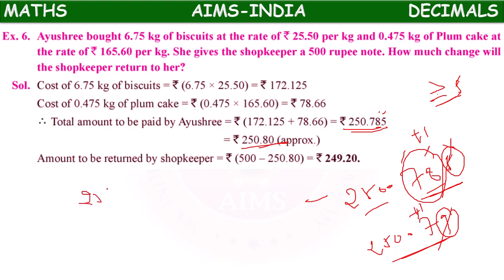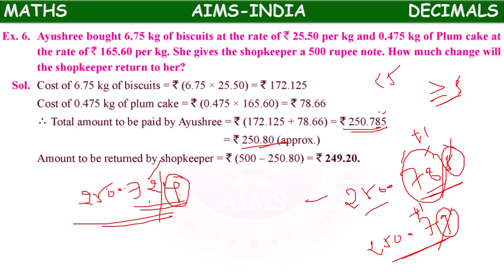Or when we have 250.724 like this. This last digit, because we are having 3 decimal places here, if you want to reduce to 2 decimal places, what is the third digit here? 4. Greater than or equal to 5? No, it is less than 5.